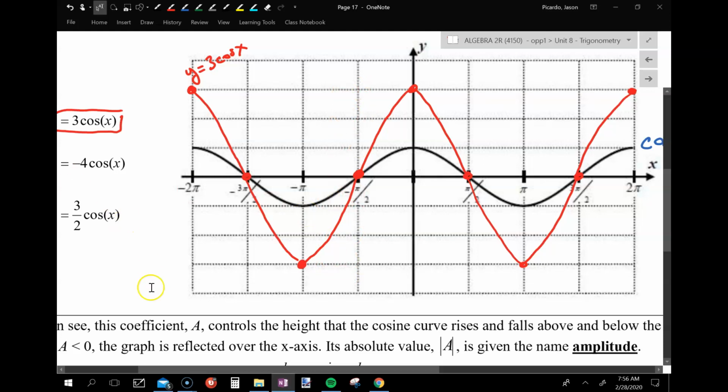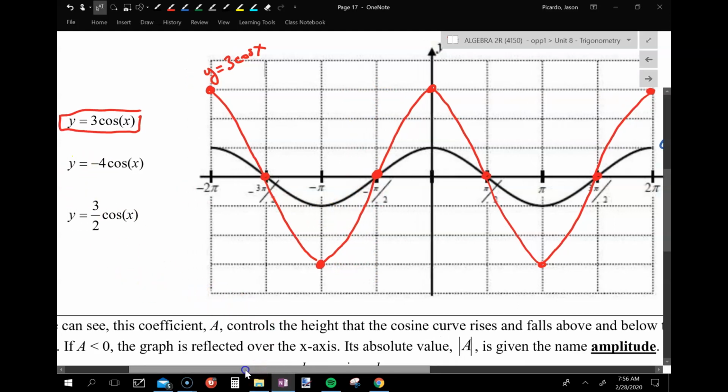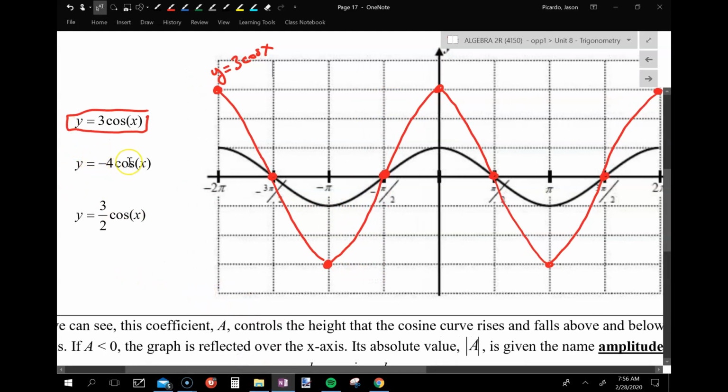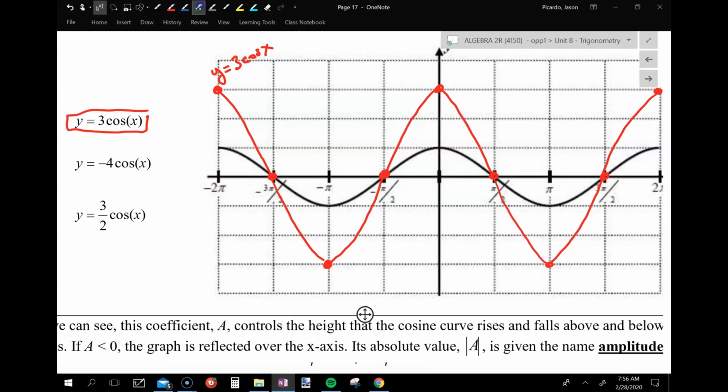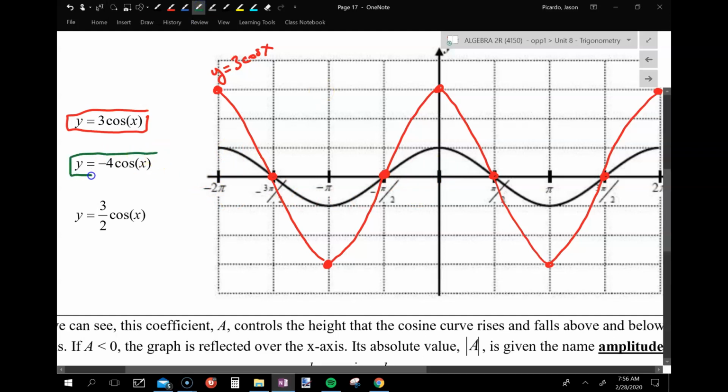Okay. Anybody want to venture a guess what I'm going to do here? This says -4. Well, I'm going to take my original curve and multiply by -4. Let's do this one in green. So what is this point on my original curve? 1. 1 times -4 is -4.